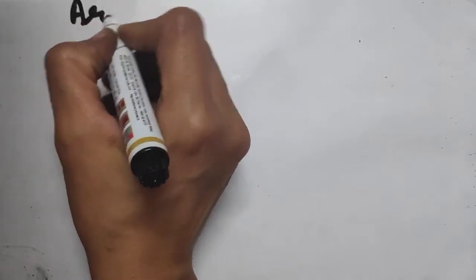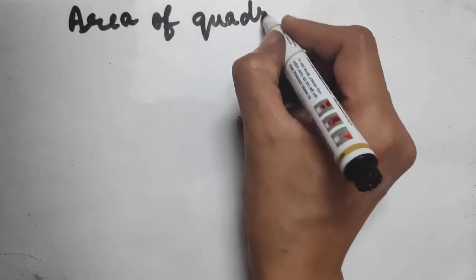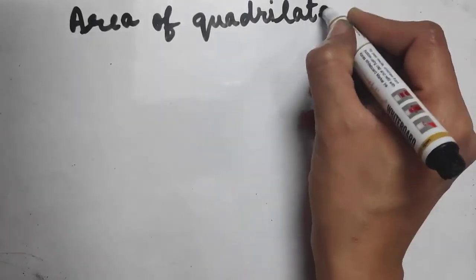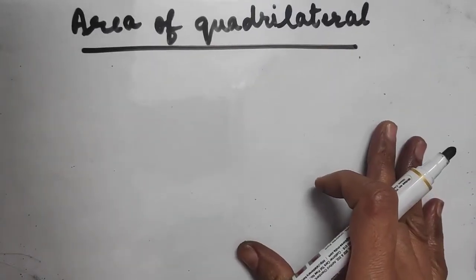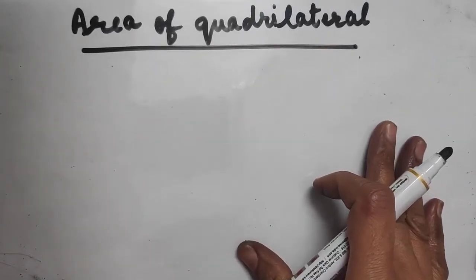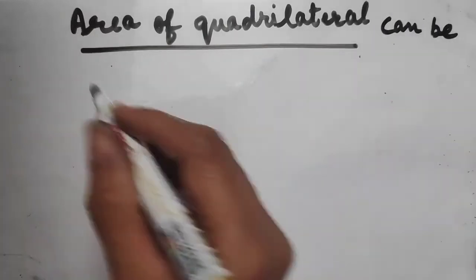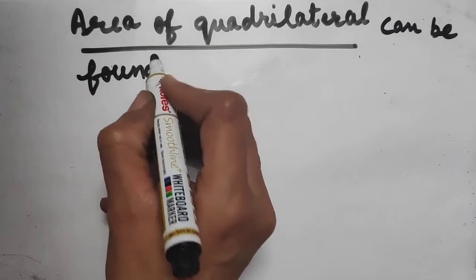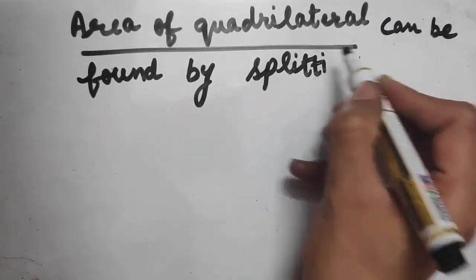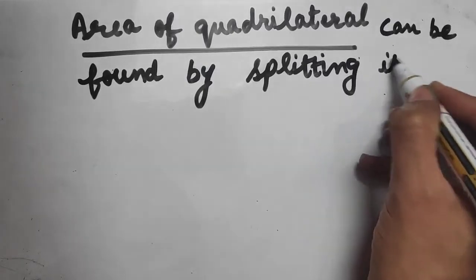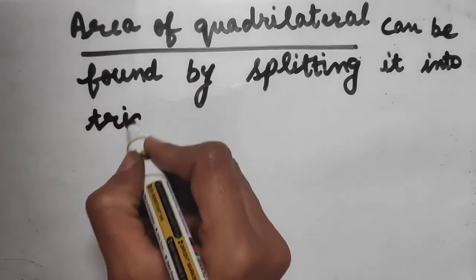Basically, area of quadrilateral can be found by splitting it into triangles. We have done the derivation also in the previous lecture.